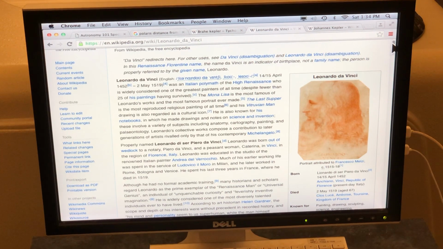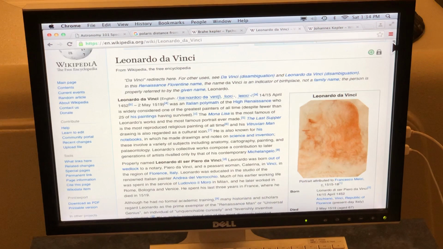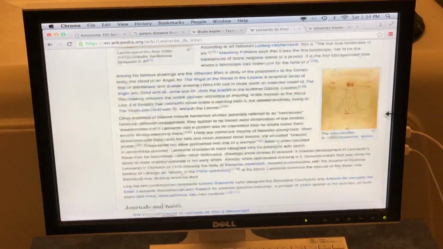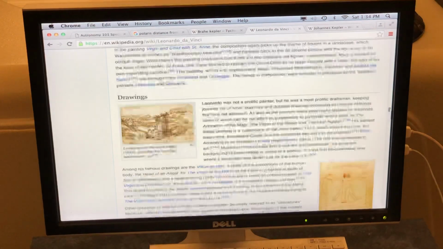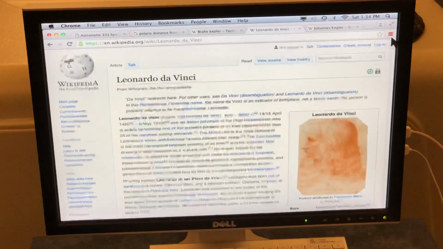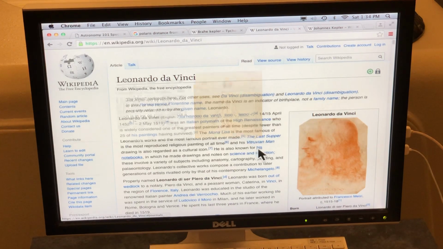Brilliant, right? Art, science. Mona Lisa, right? There's that picture. Okay, polymath. Anyway, so fun to look at these folks.